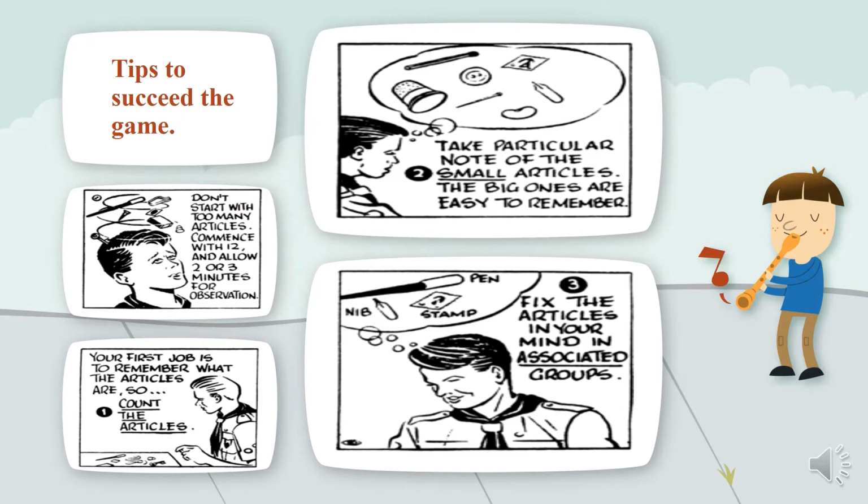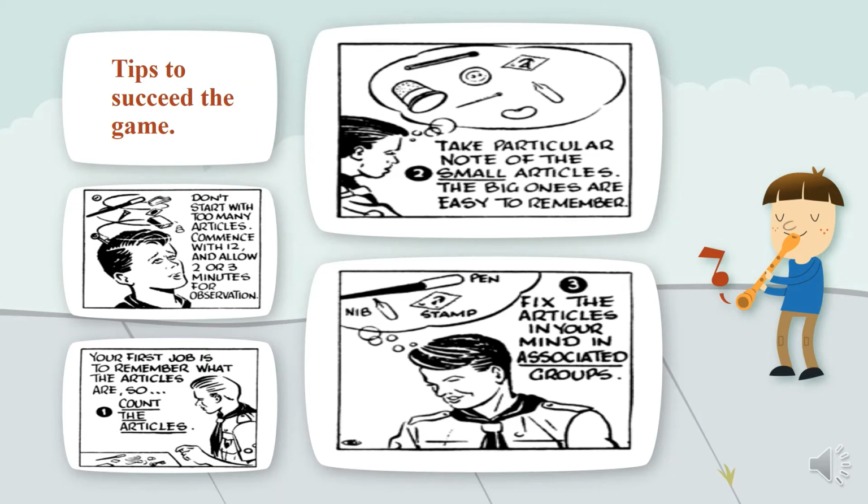Then the first job that you have is to remember what the articles are. So count the articles. You can have a reference and say, well, there were five objects, so the first one is this, and this. Then take particular note of the small articles. It can be a picture too.